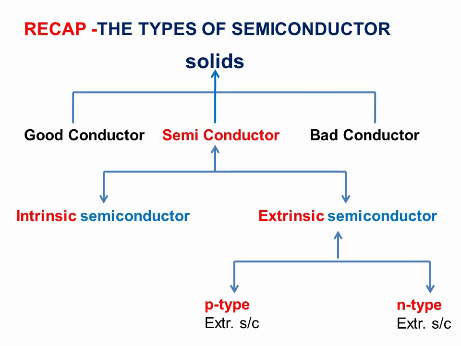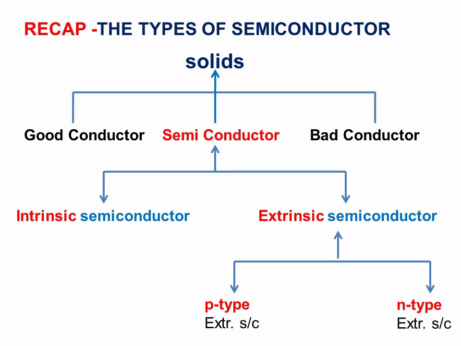This is the recap. What have we seen? The types of semiconductor. Initially, we start with solid. Solid can be classified into 3: good conductor, semiconductor and bad conductor.